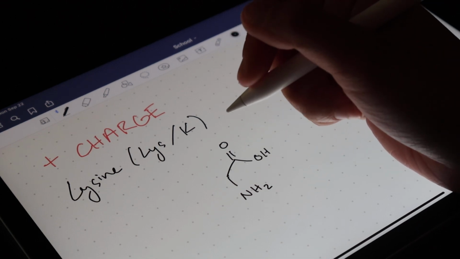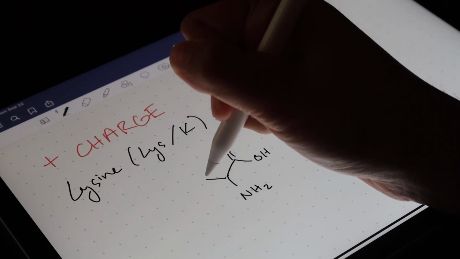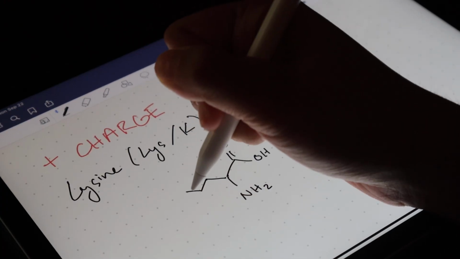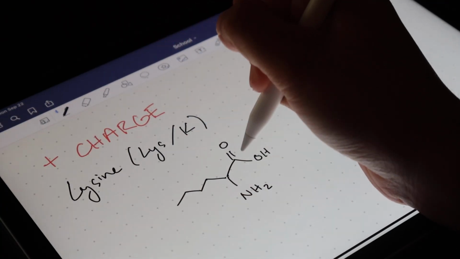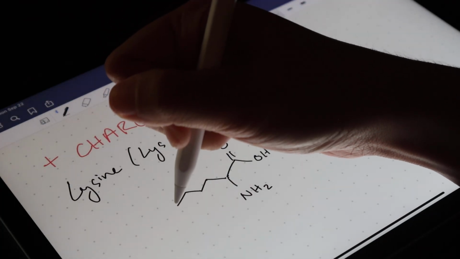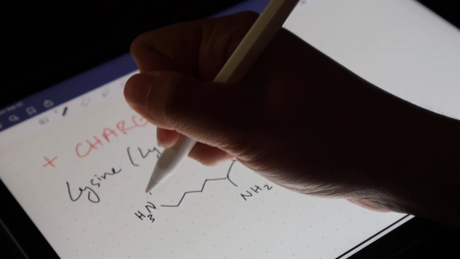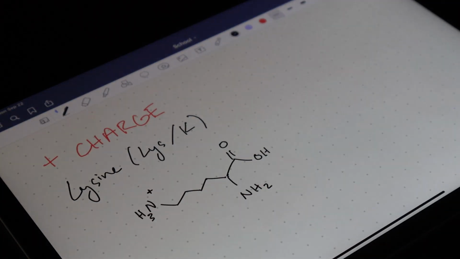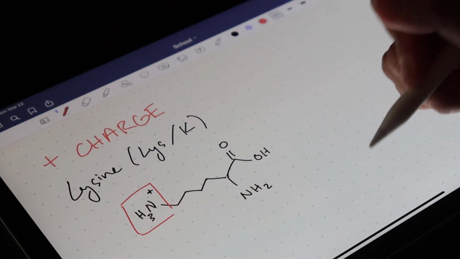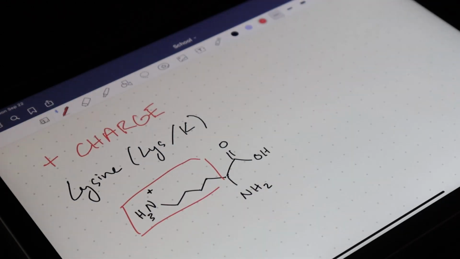Not necessarily more complicated, just longer chains, right? So we're gonna have 1, 2, 3, 4 carbons in our R group, and then we're gonna have NH3 plus. So I told you we'd have that plus charge, but technically this whole thing is the R group.